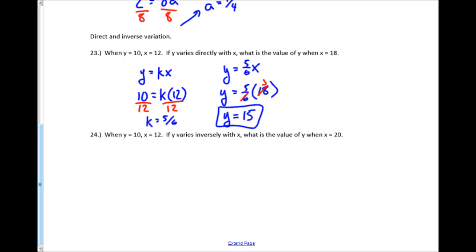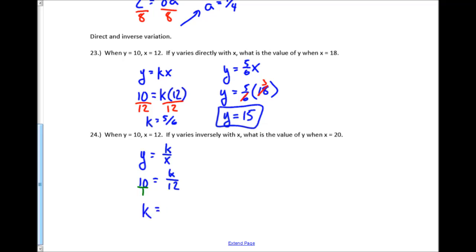In the next one, it tells me that y varies inversely with x. So inverse variation this time, y equals, that's going to be k divided by x. It's essentially the same thing, but instead of multiplying the k value by x, I divide the k value by x. And I'm going to do the same thing. I'm going to solve for k. It tells me that y equals 10 when x equals 12. And to solve this one, I'm simply going to treat this as 10/1, and I'm going to cross multiply.